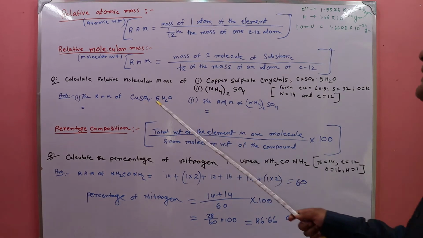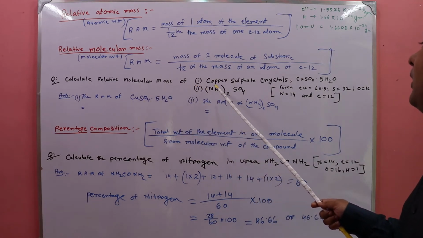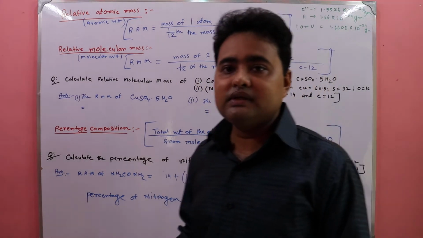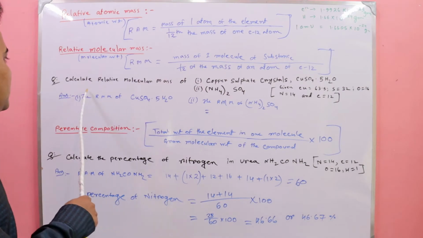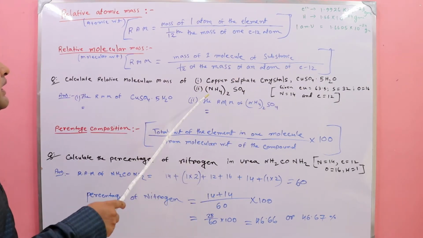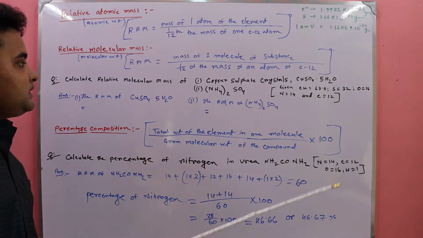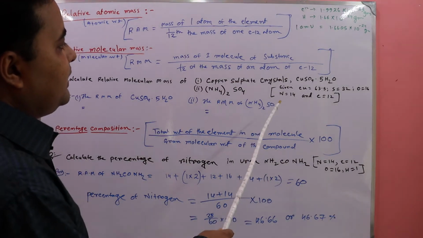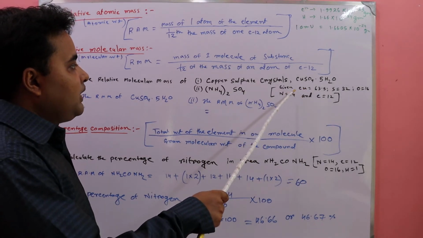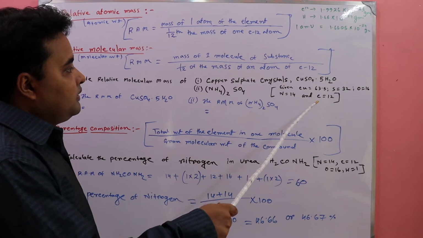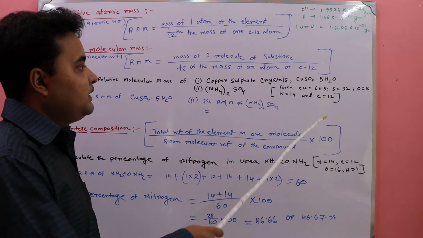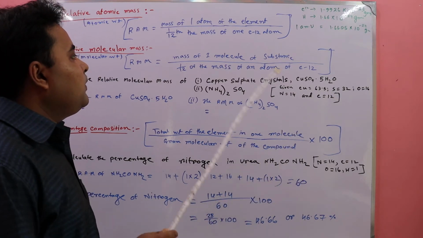Like this question: the relative molecular mass of copper sulfate crystal, that is CuSO4.5H2O. In this type of question, the relative atomic masses are already given here: copper is 63.5, S is 32, O is 16.